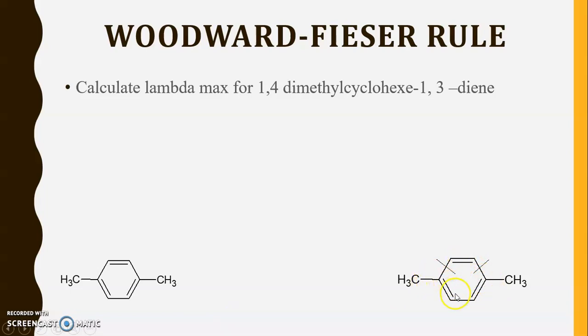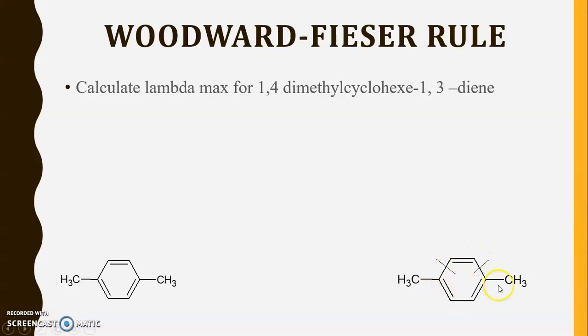This other part also has a ring residue. If you remember, in the table we discussed that if there is a ring residue, then we have to add 5 nanometer for one ring residue.